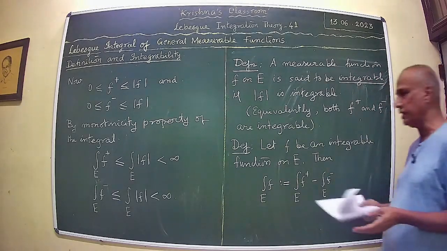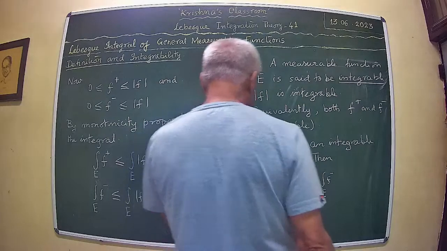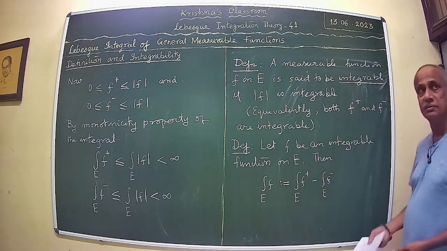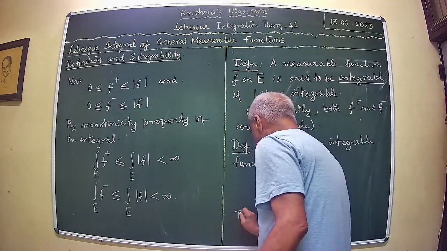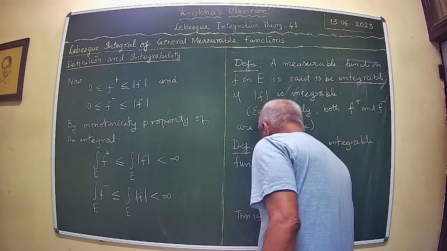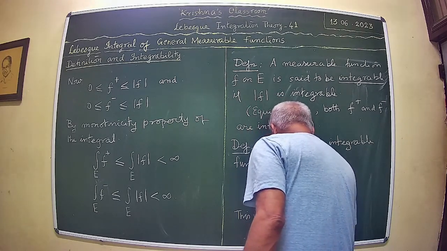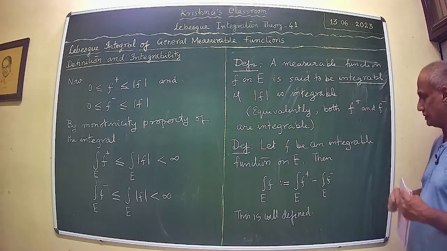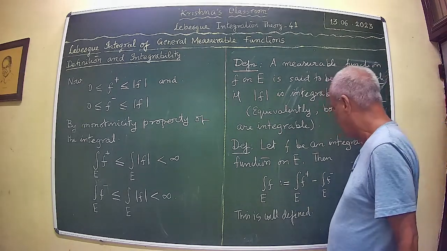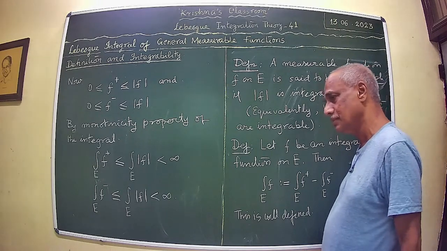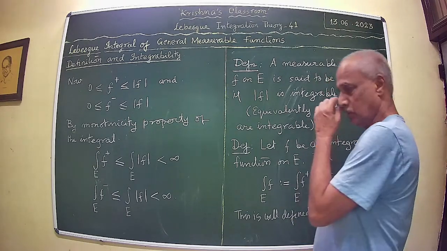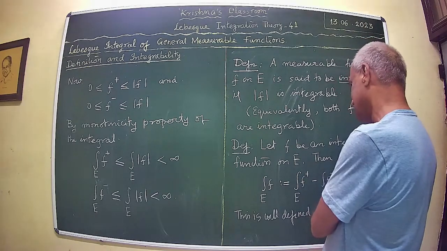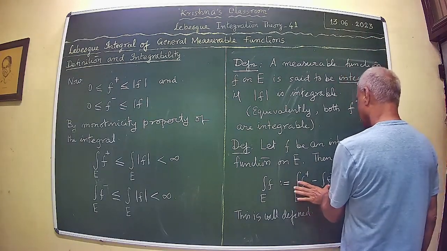Now there is no ambiguity about this definition because both integral f plus and f minus are finite. Therefore, this is well defined. Now, if integral f plus is plus infinity and integral f minus is also plus infinity, then we would be in difficulty because this won't be properly defined.